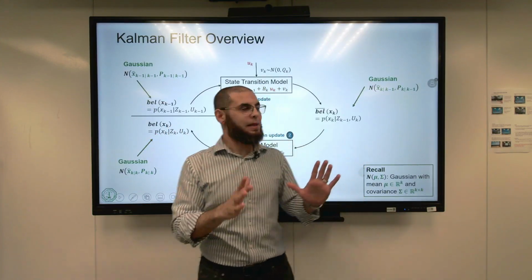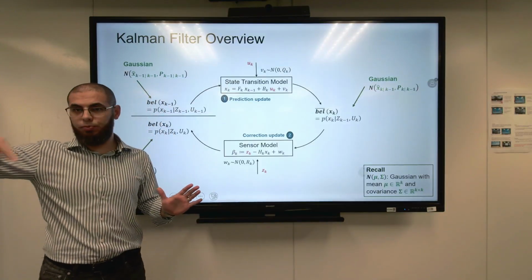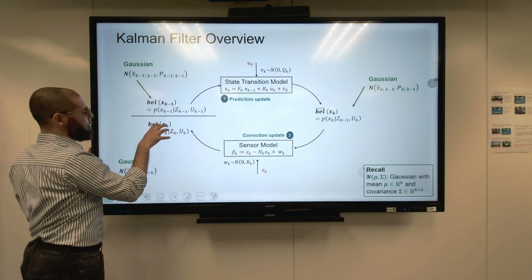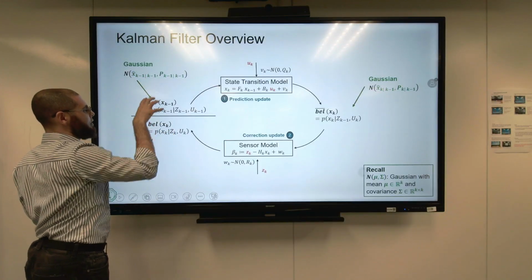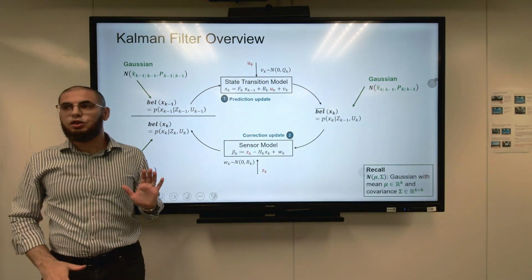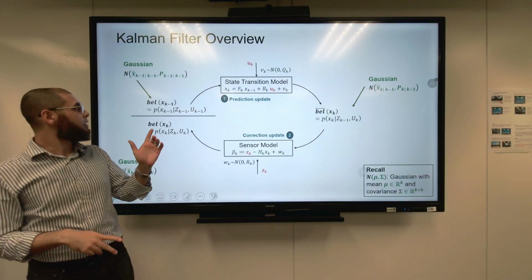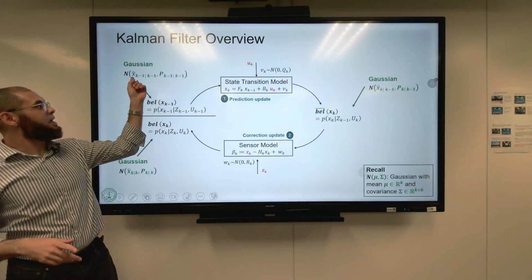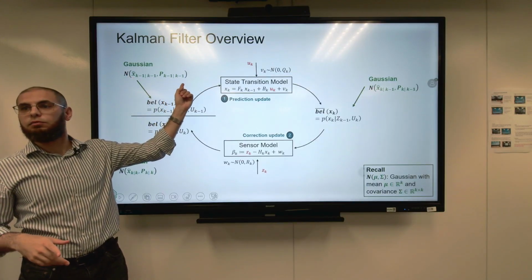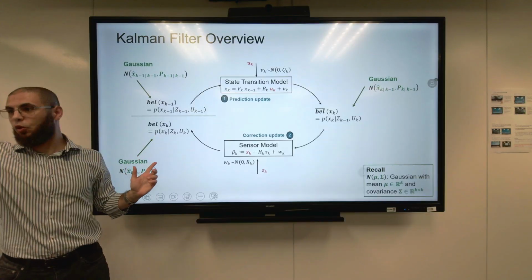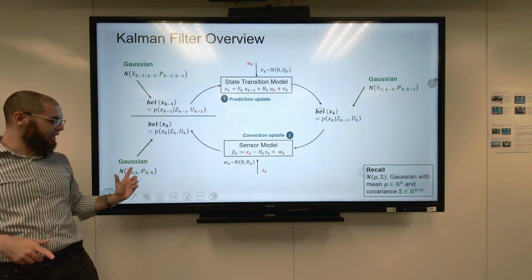The algorithm itself is just a loop: you give it this and it gives you that, over and over. The input and the output of the algorithm are just two things: the mean of the Gaussian and the covariance of the Gaussian. After you finish the whole loop, it gives you a new mean and a new covariance.